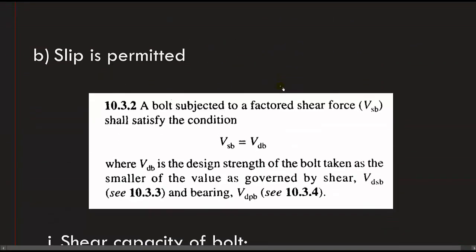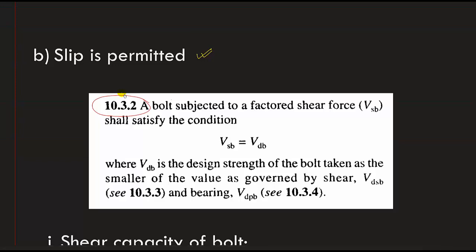Now let us consider the second part, that is slip is permitted. So when slip is permitted, in that case this will become a bearing kind of bolt. It will not remain a friction bolt because slip is permitted. Then we have to use clause 10.3.2 to calculate the capacity of the bolt.